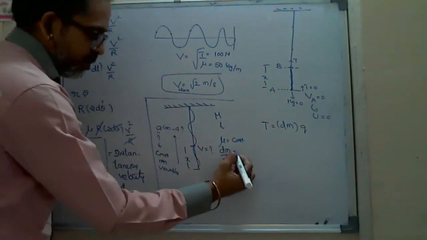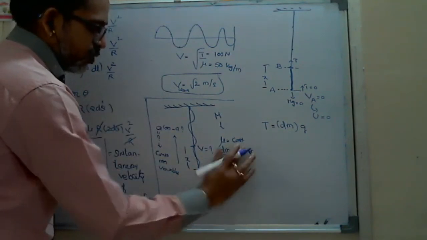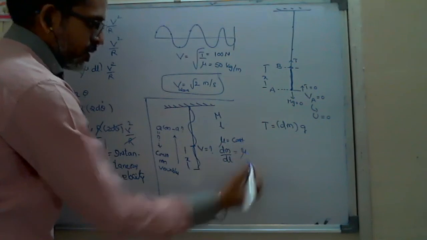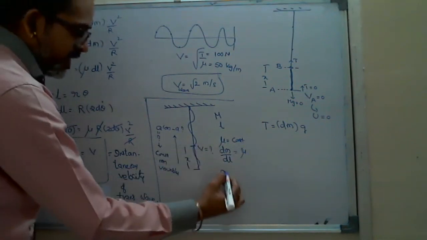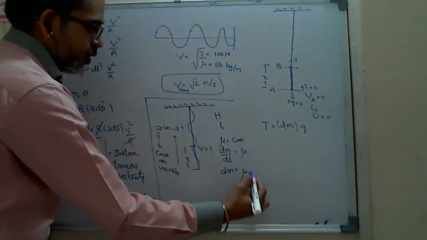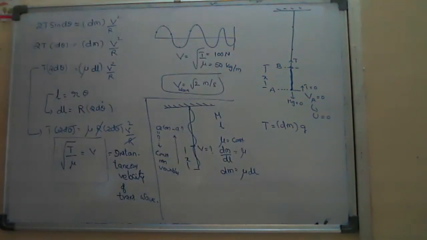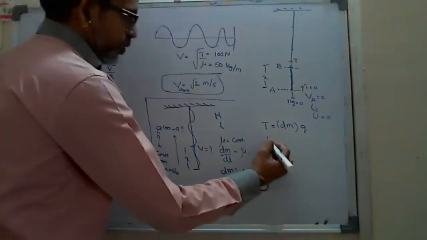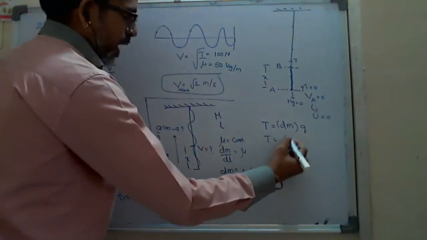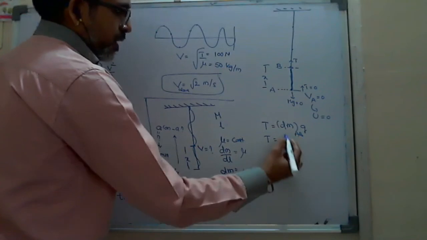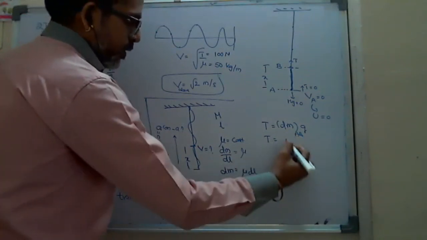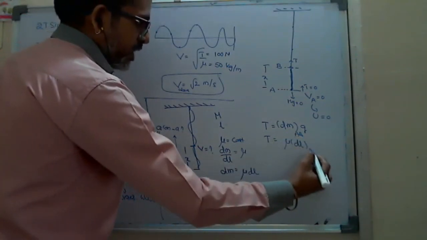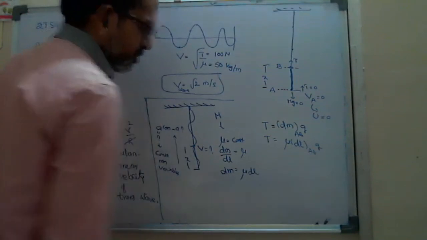So dm by dl is equal to the constant mu, so I can write dm equals mu into dl. Then I substitute: this is the mass of AB, that is mu into dl, where dl is the length of AB, into g.